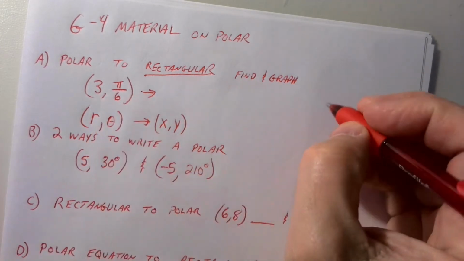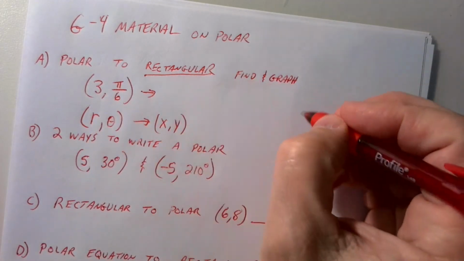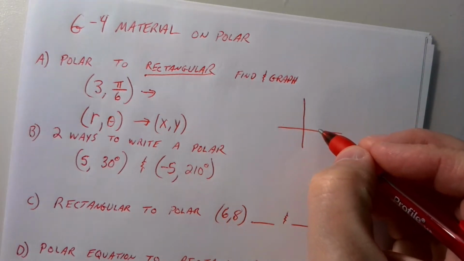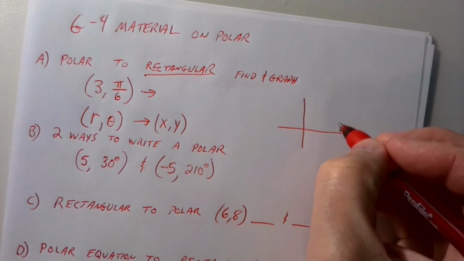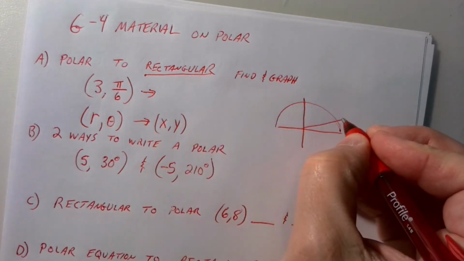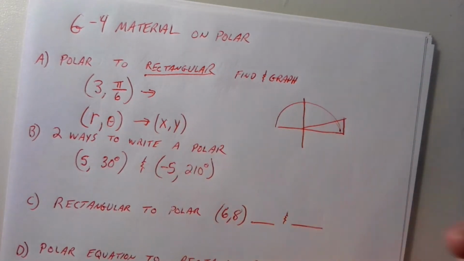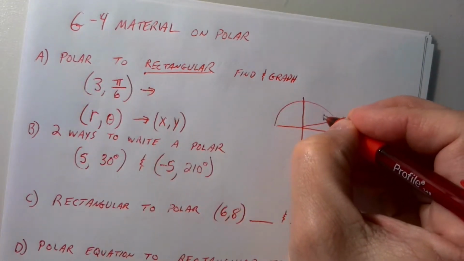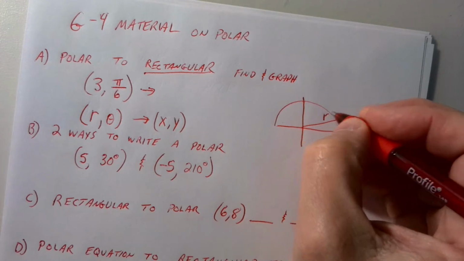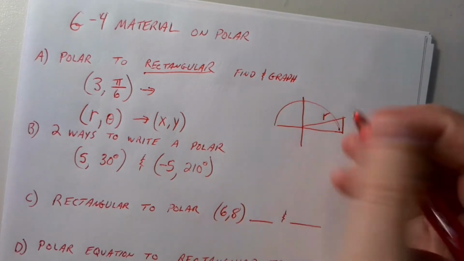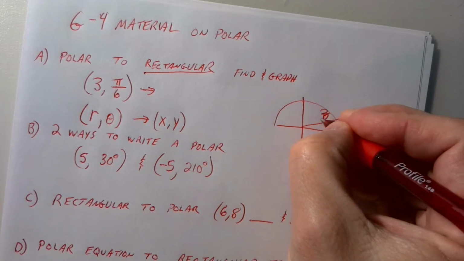So a couple different things I'm going to show you right now. So pi over 6 basically means this. This is pi all the way to here, and pi over 6, that's basically 30 degrees right there. R is the radius, or sometimes books refer to it as the pole, how long this pole is. So that's going to be 3.